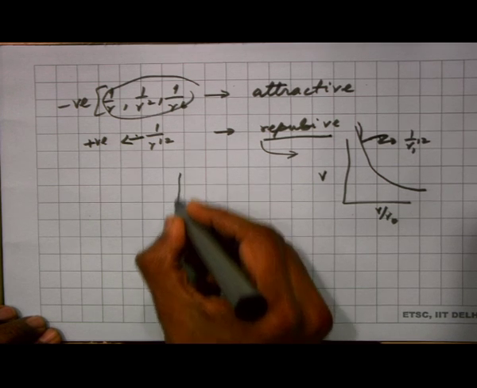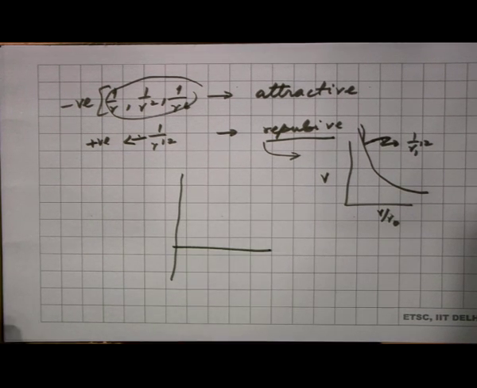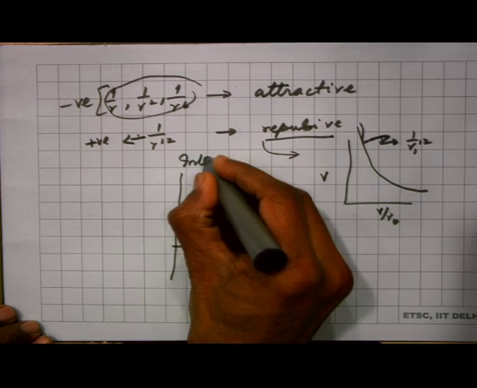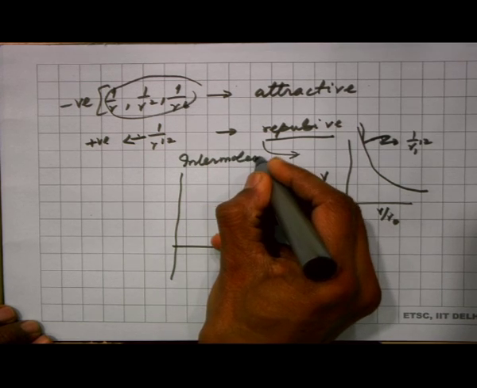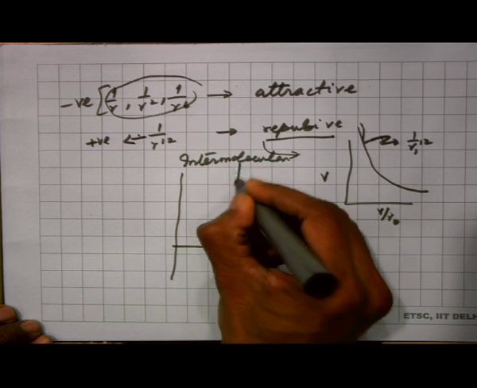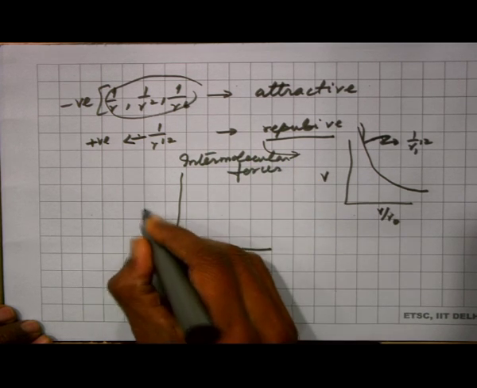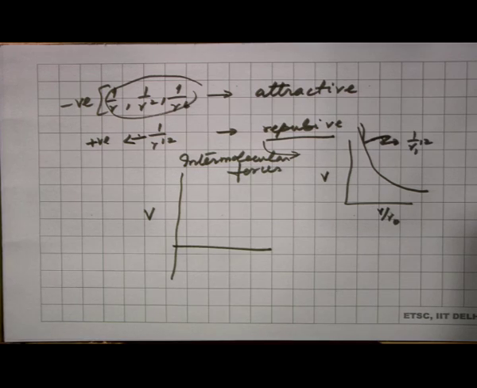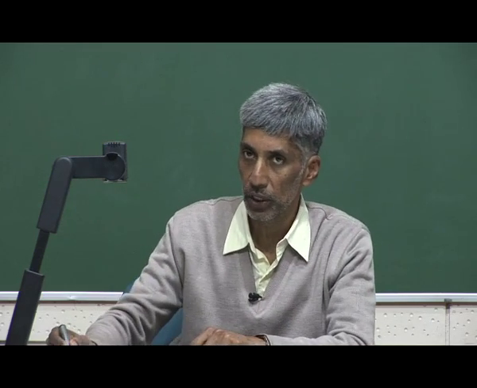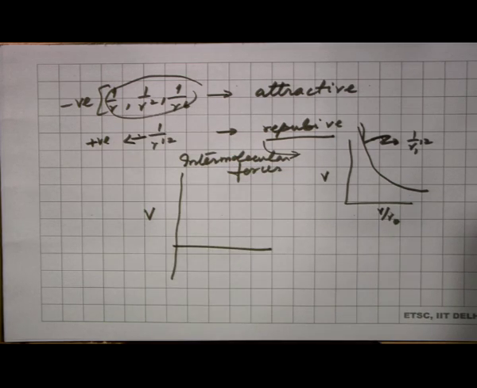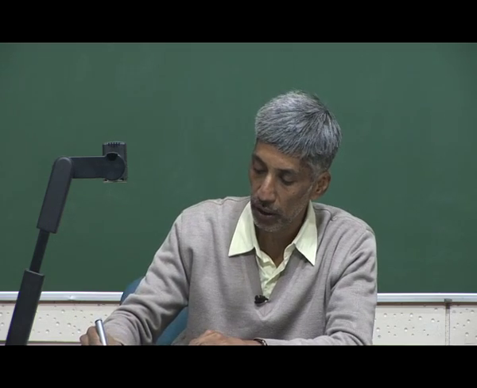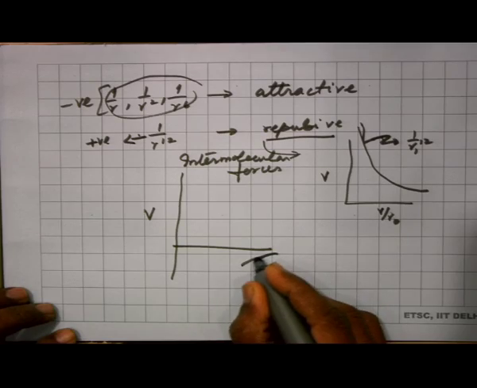So, the sum total of these things, so intermolecular forces, no matter what the type is, if you plotted V as a function of the distance between them, what we are saying is these attractive forces will act initially and the energy will start to go down.